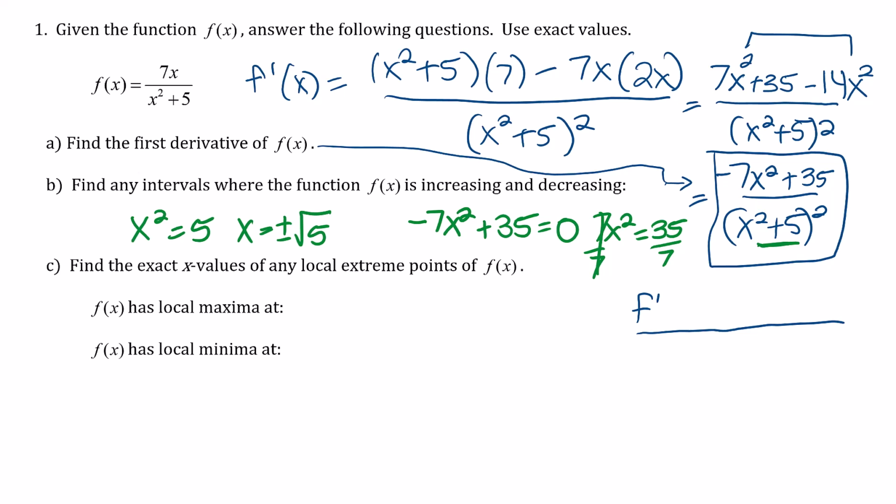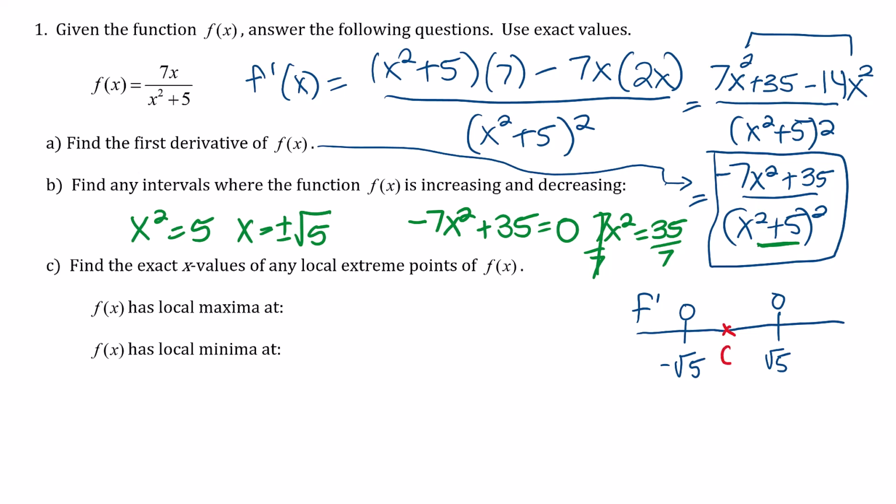So as I go down my number chart, I have a critical number at negative square root of 5, and I have another one at square root of 5. These are places where that first derivative equals 0. So now I need to test numbers on all of these intervals to find out if the first derivative is positive or negative there.